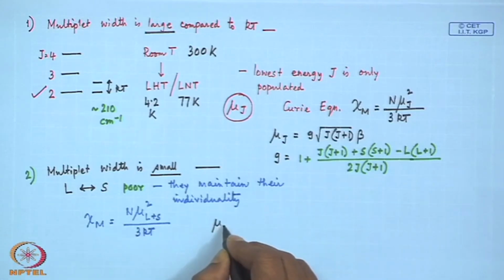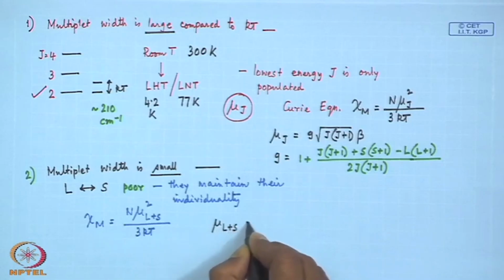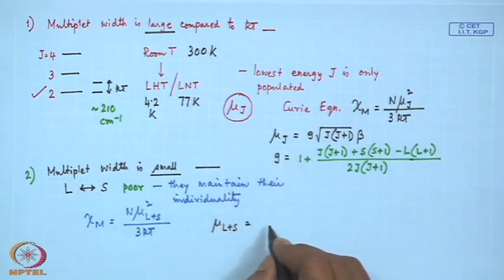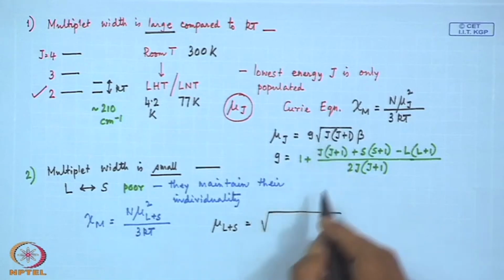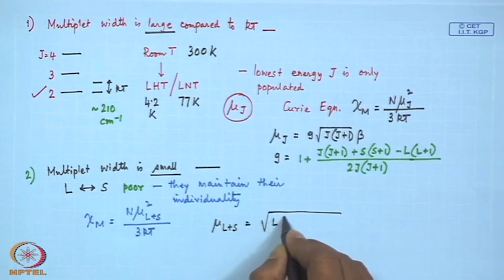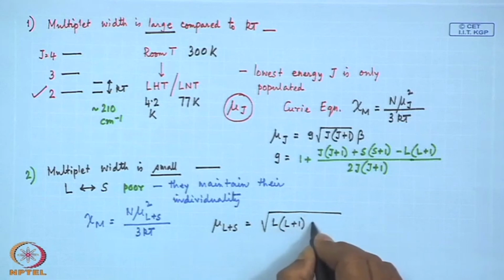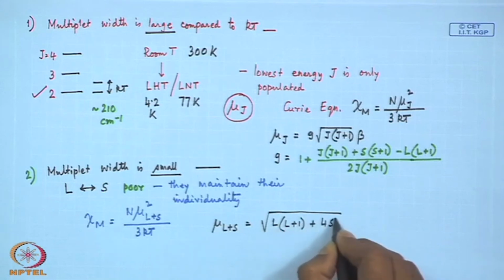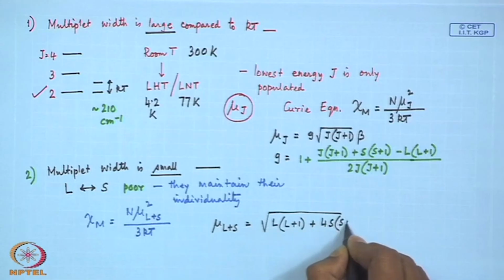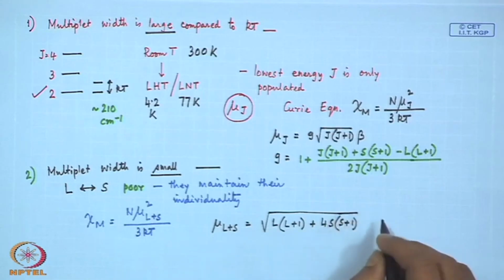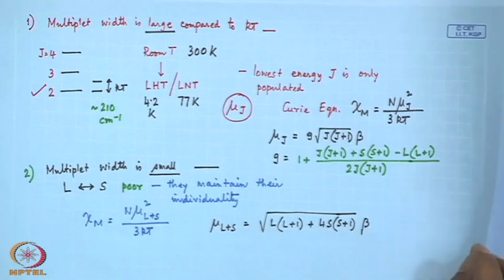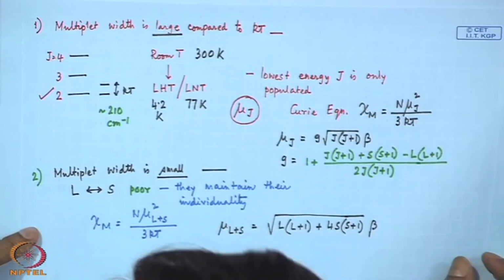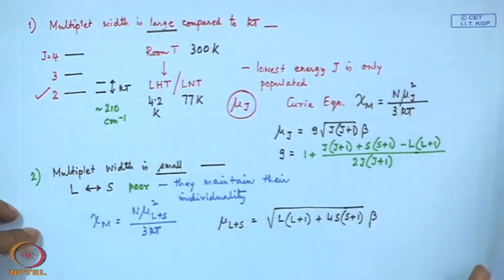So what we have now, mu L plus S like that of mu J, where instead of using J as the good quantum number, we can use L as the useful quantum number also, multiplied by 4S into S plus 1 for the spin-only equation, into beta. So these are the things where we can have the multiplet width which is small.